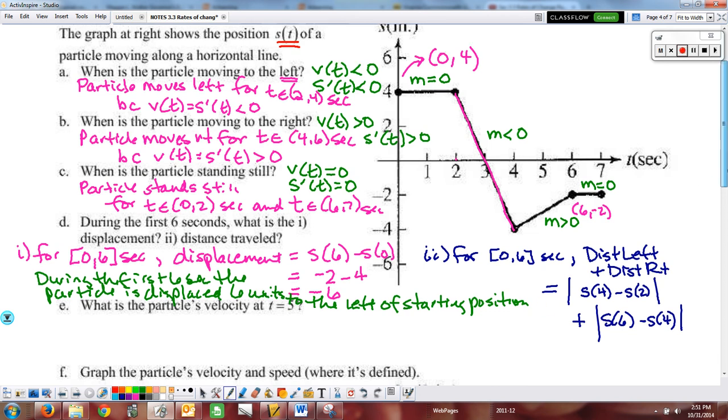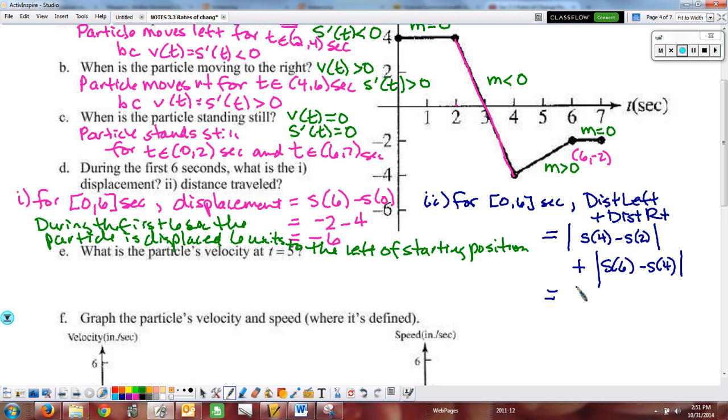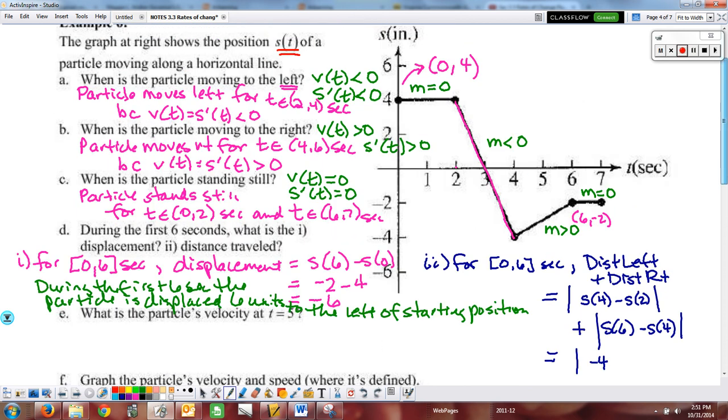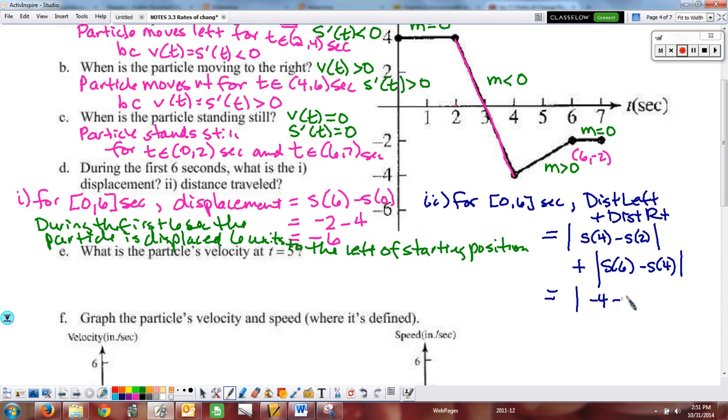So in calculating each of these, our s of 4 is going to be negative 4. Our s of 2 was 4. Right? Then our s of 6 is negative 2. And our s of 4 again is negative 4. Be careful with your negatives.